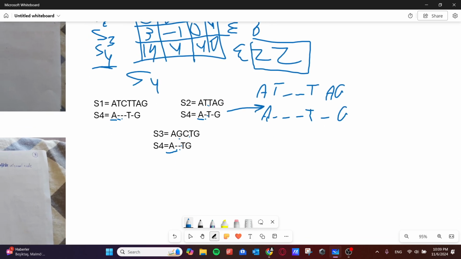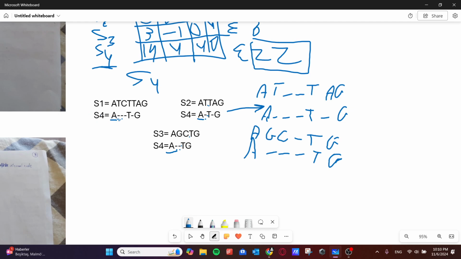Here, for this, I have A G C T, sorry, can't go back for some reason. So here I have A G C gap, I have added T G, and here I have gap gap T G. So let's go again with the S4.